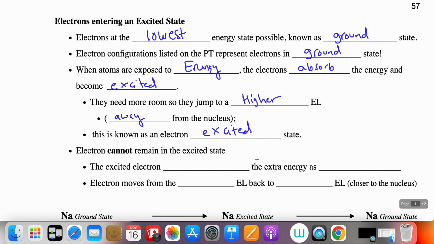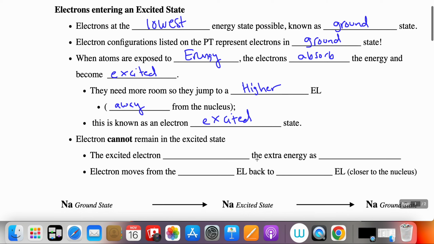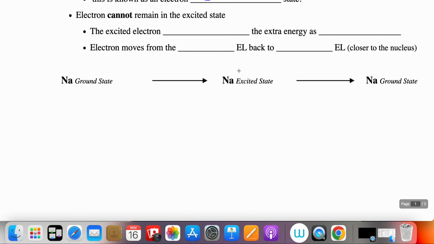Now, the excited state doesn't last forever. So it is temporary. An electron cannot remain in the excited state. The excited electron, within a short amount of time, will actually release the extra energy.